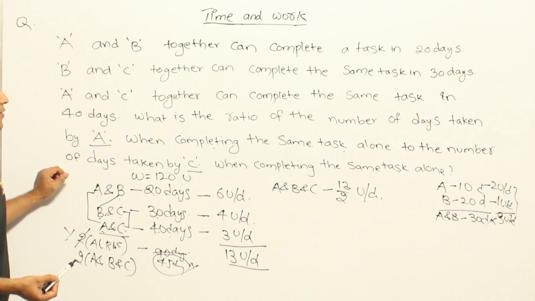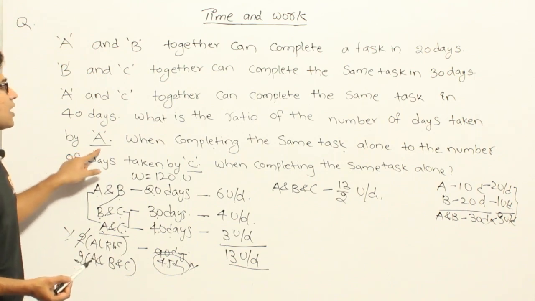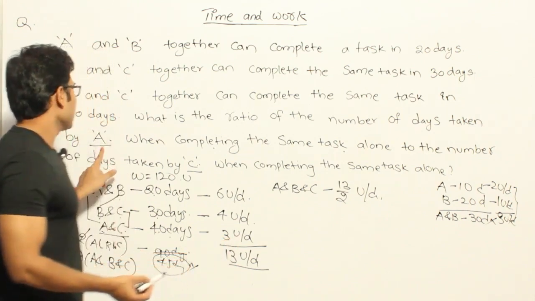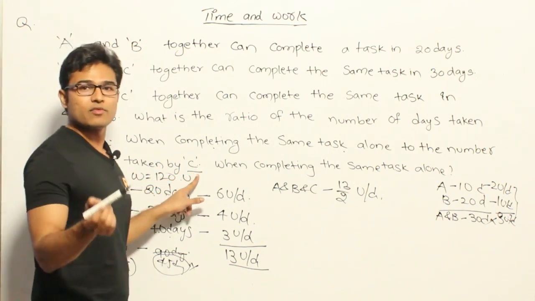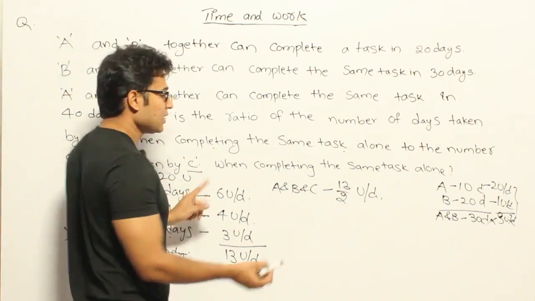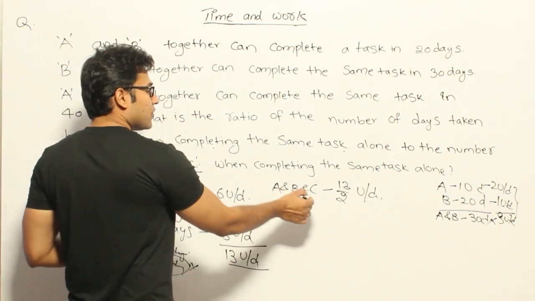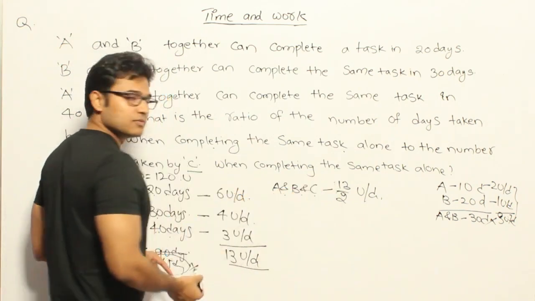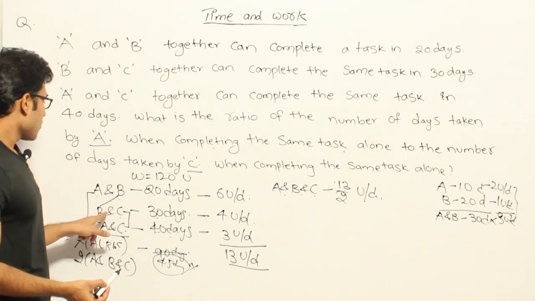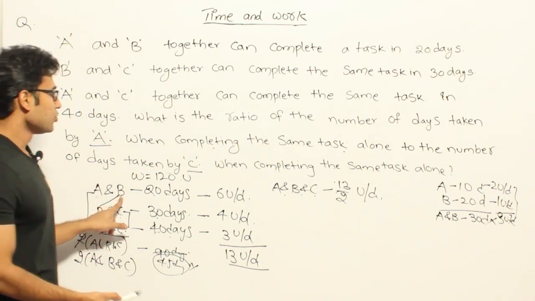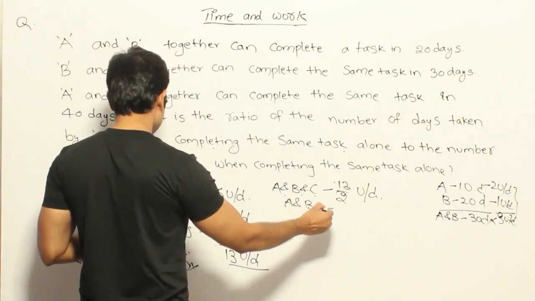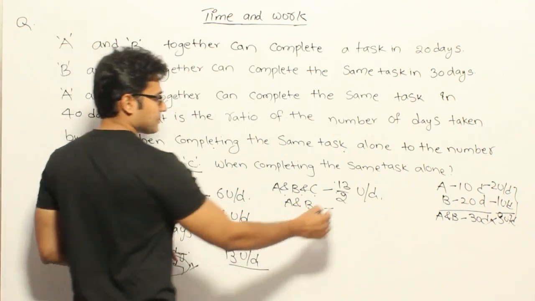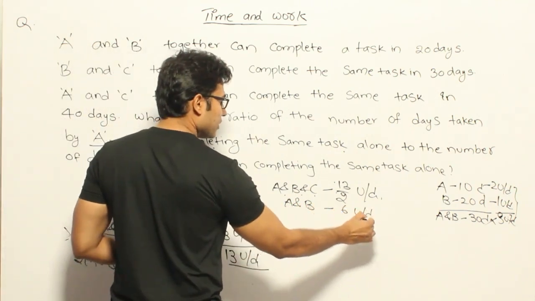Okay. Now what is it they are asking? They are trying to ask the number of days taken by A to the number of days taken by C. I told you that it can be found out by finding out the rate of A and rate of C. Now we know that all of them put together rate is 13 by 2, right? And now only A and B put together, the rate is 6 units per day.